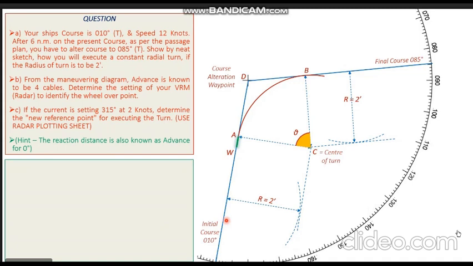Our initial course was 010, the final course is 085. So the vessel is altering by an amount of 75 degrees. This yellow angle represented by theta represents the alteration angle. So this is 75 degrees.